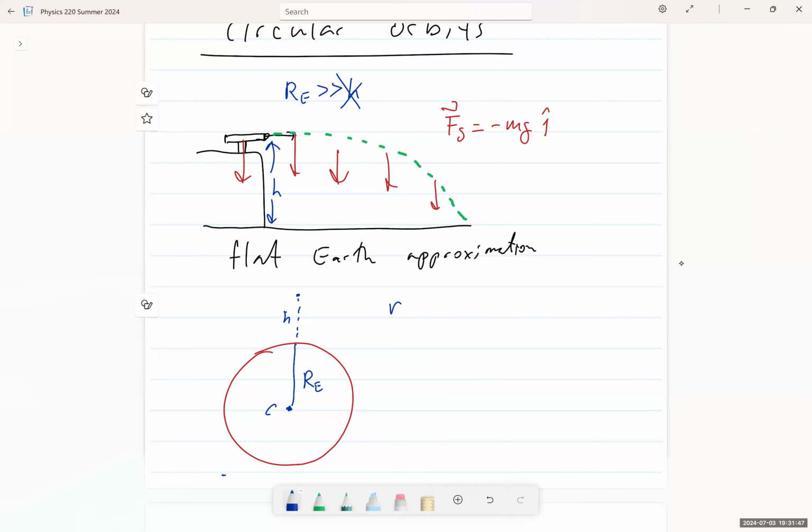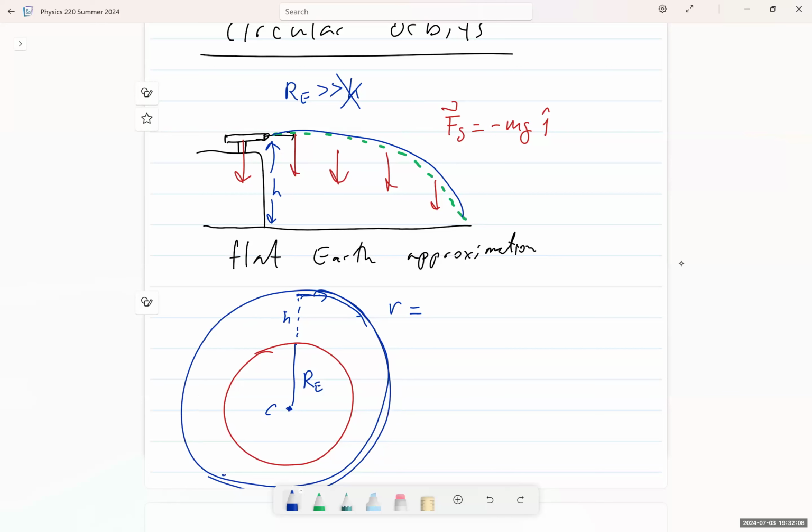So if you launch it, what's going to happen is it's going to try to fall like it did over here, but as it tries to fall, Earth is going to curve under it, and it's going to go around like this. So it's basically orbiting Earth.